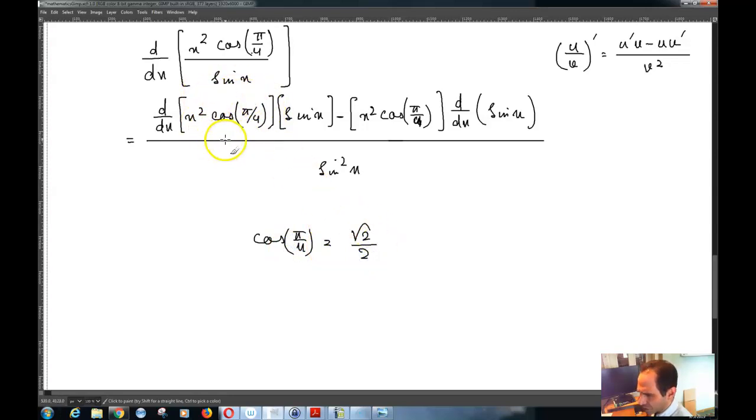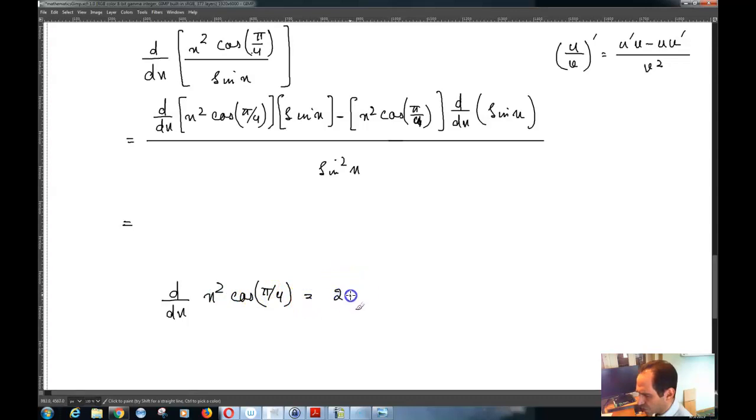So you can treat this as a constant and write this as basically, d by dx of x squared times cos of pi by 4 is equal to 2 times cos of pi by 4 times x.